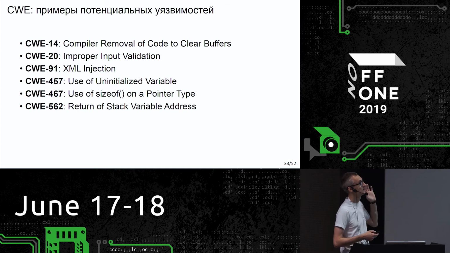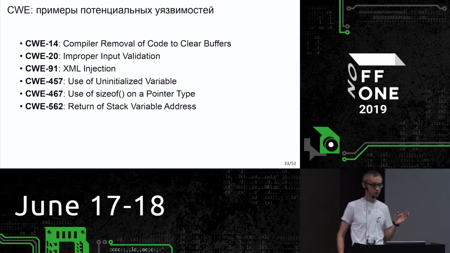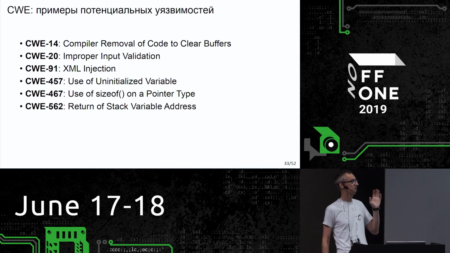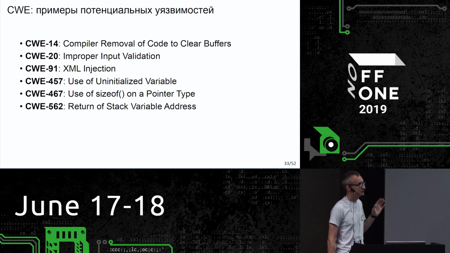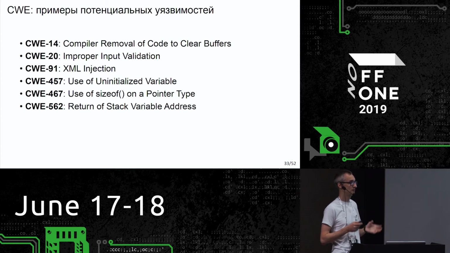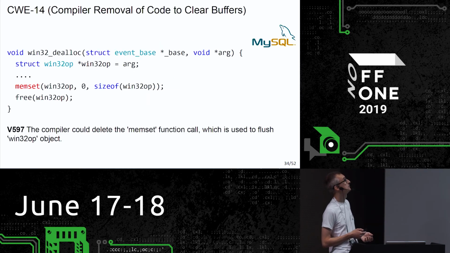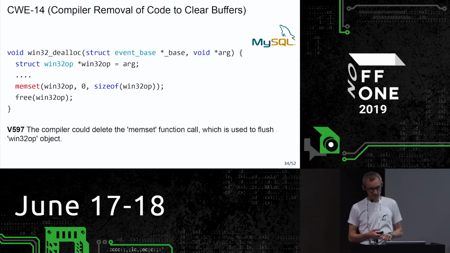So some examples: the compiler can remove some code or optimize something; unchecked data usage; non-initialized variable usage, etc. So here is a MySQL example, quite a well-known one. It's a real error.